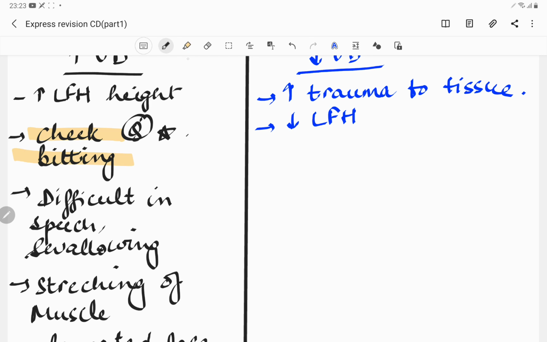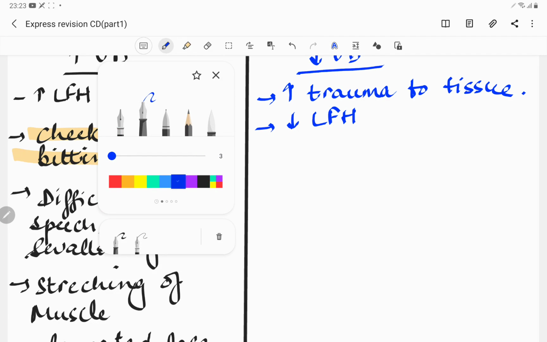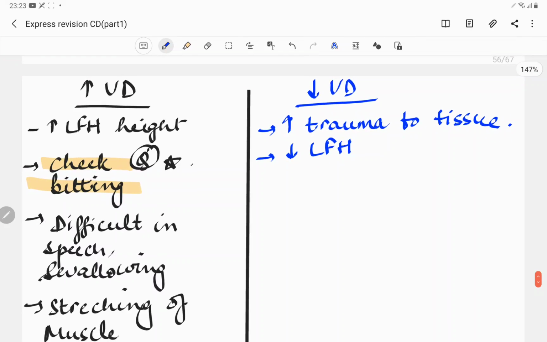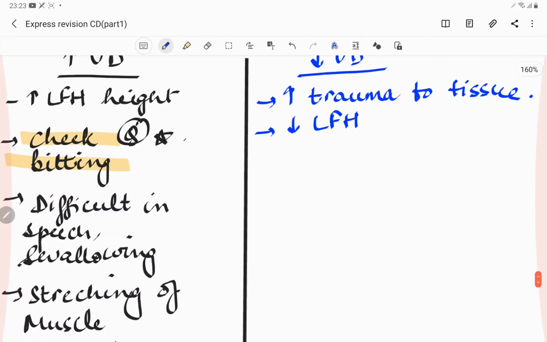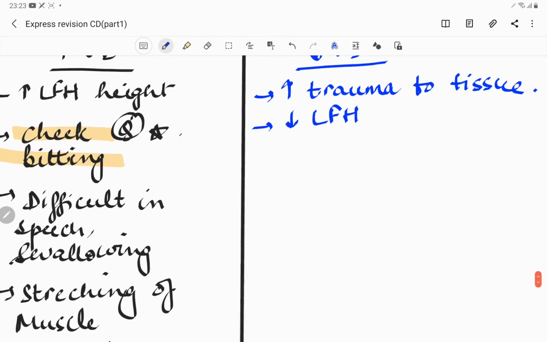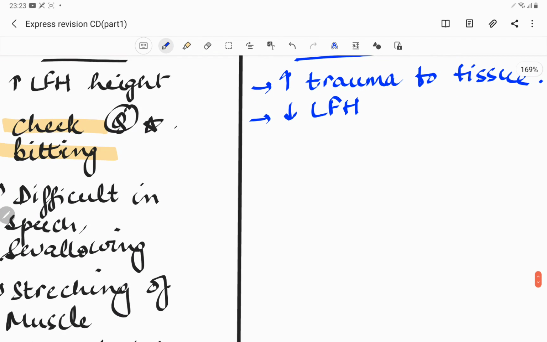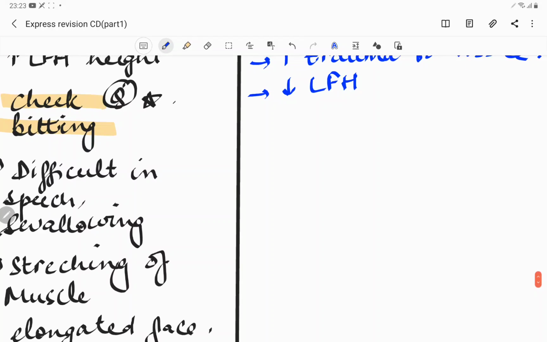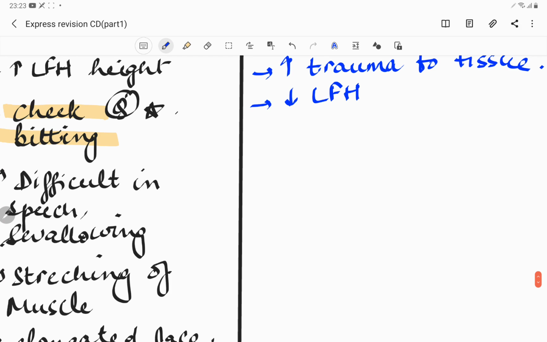Increase in the lower facial height is seen with increase in the vertical dimension, but decrease in the lower facial height will be due to reduced vertical dimension of occlusion. Since there is decrease in the lower facial height, the height of the lower face will look small compared to the whole face. Because of that, there is going to be folding at the lips. So the lips will be like this.